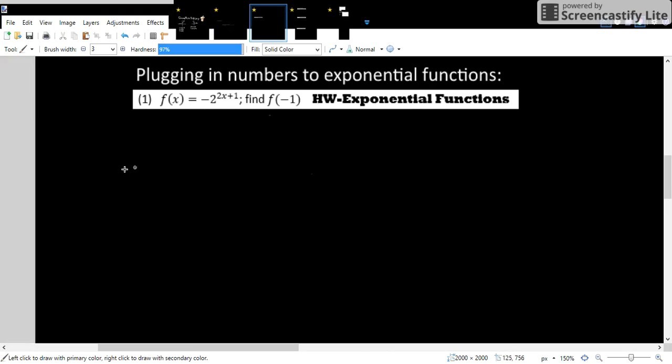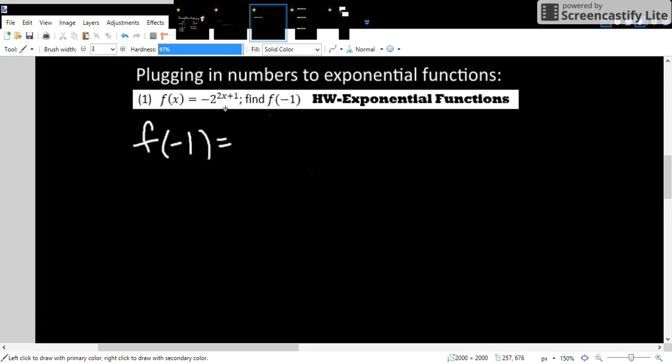So now we're going to be plugging in numbers into these exponential functions. On the first page of your homework packet, you have a homework titled Exponential Functions. This is example 1. We have f of x equals negative 2 to the 2x plus 1 power, and we're going to find f of negative 1.